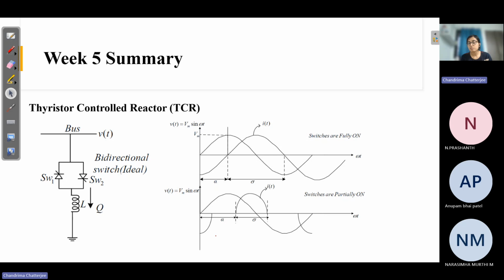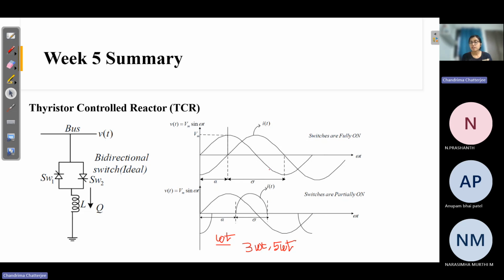What are harmonics? Harmonics are the components of the current apart from the fundamental. There will be a fundamental whose frequency is omega t, that is the frequency of the voltage, and there will be multiples of this omega t, so 3 omega t, 5 omega t, all these will be there. These are called the harmonics. They are obviously unwanted because they are not useful.